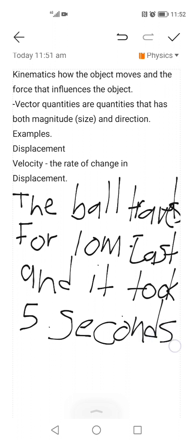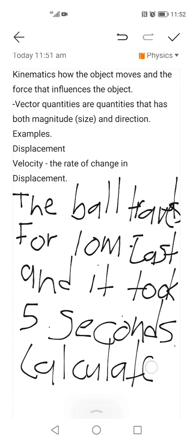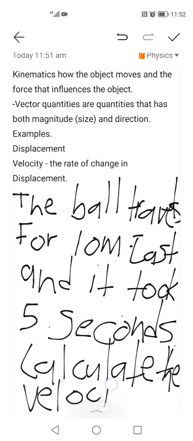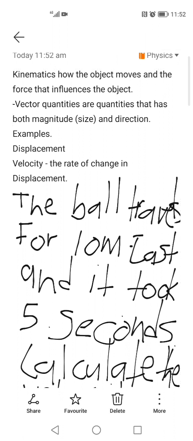Then your question will say, calculate the velocity. Calculate the velocity of that ball.